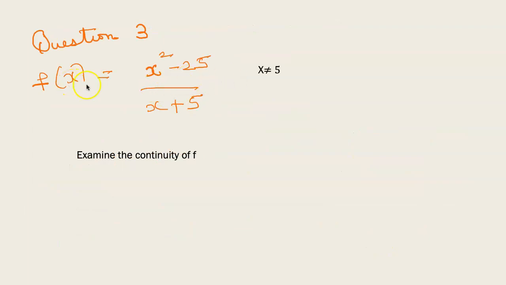Question 3. f(x) = (x squared - 25)/(x + 5) when x is not equal to -5. Examine the continuity of f. It is actually x not equal to -5. You can ignore this.